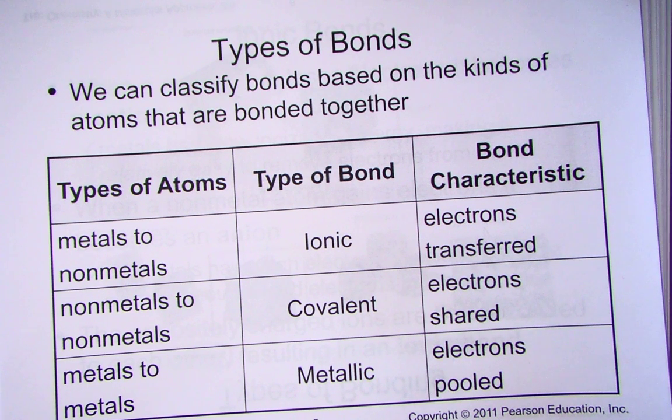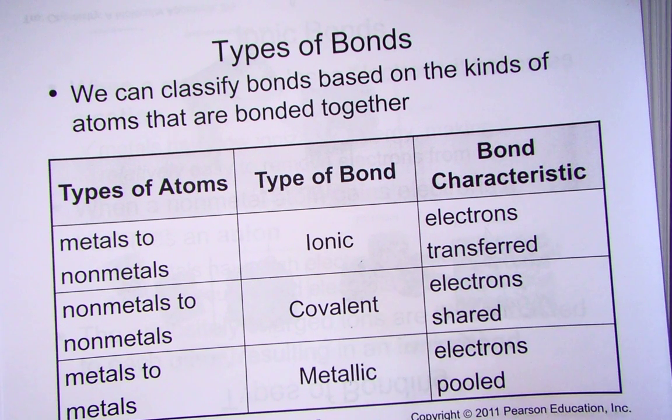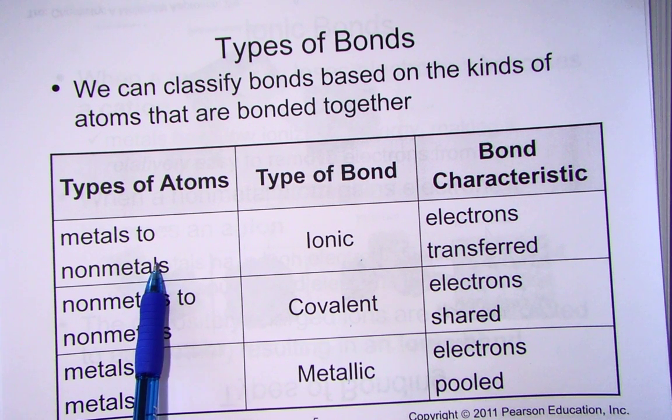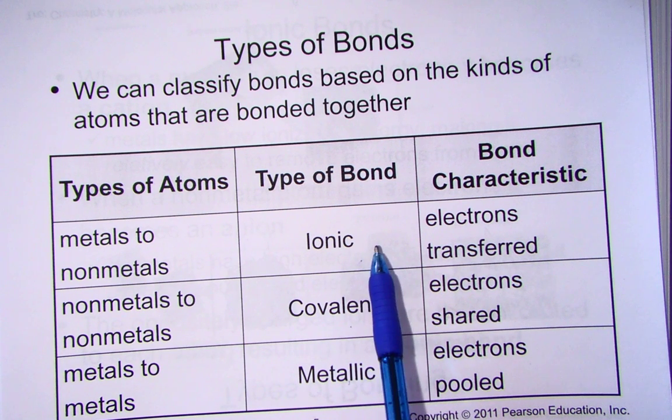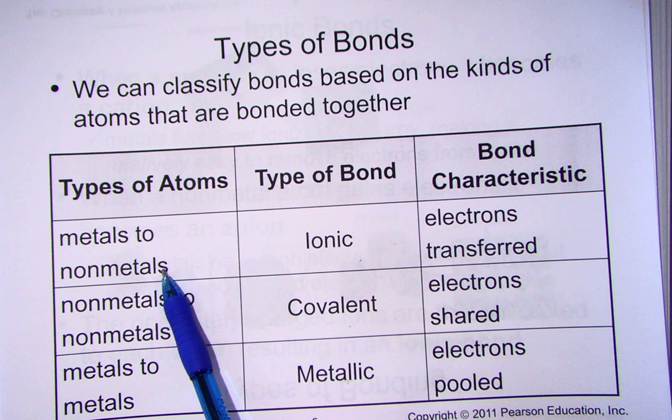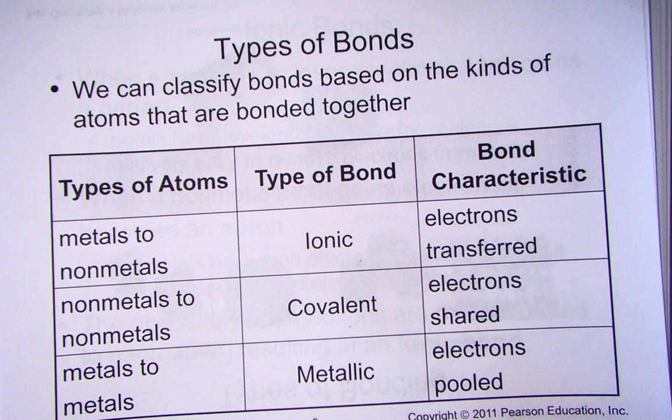When we begin to classify types of bonds, we'll introduce three, but really focus on the first two. When a metal bonds to a nonmetal, we call those formula units or ionic compounds, commonly called salts. We talk about an electron transfer. The metals lose and nonmetals gain, forming what we call ions. Ionic bonds are electron transfer.